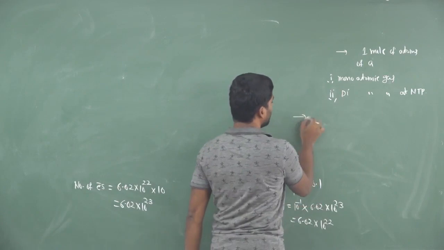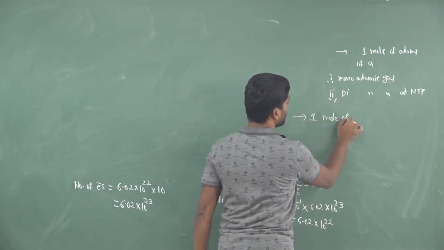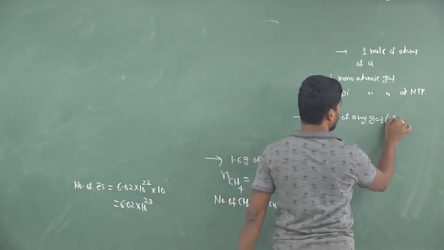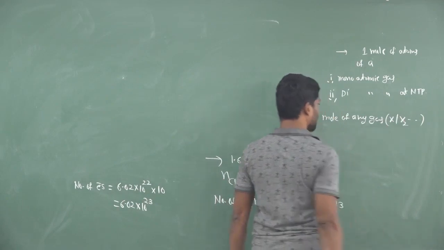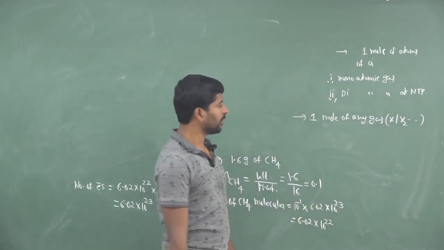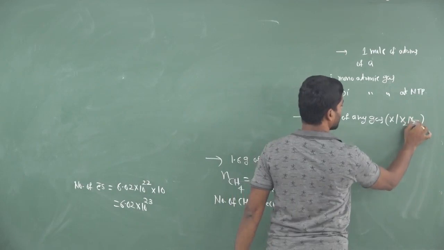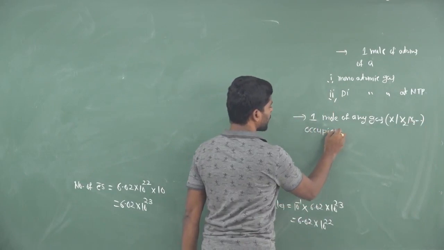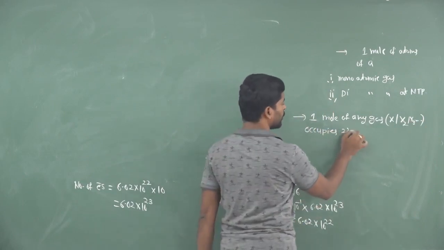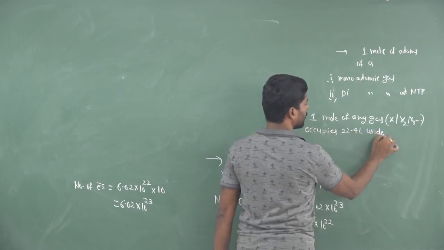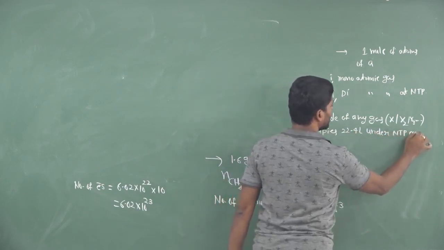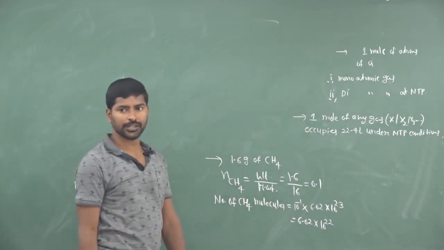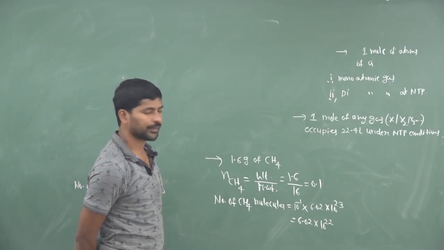You write that point. 1 mole of any gas, whether it is monoatomic or diatomic or polyatomic, X or X2 or X3 like ozone, whatever it may be, occupies 22.4 liters under NTP conditions.